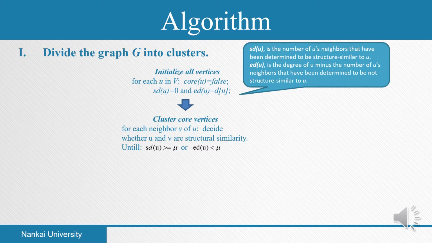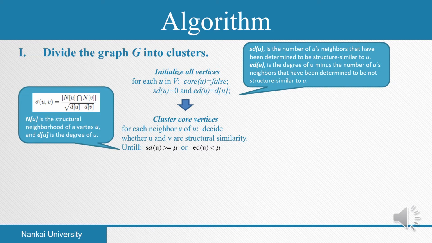For each vertex V adjacent to U, we compute the structural similarity between U and V. If the result is larger than a threshold value, then we decide vertices U and V are structurally similar and increase SD(U) by 1. Otherwise, we decrease ED(U) by 1.